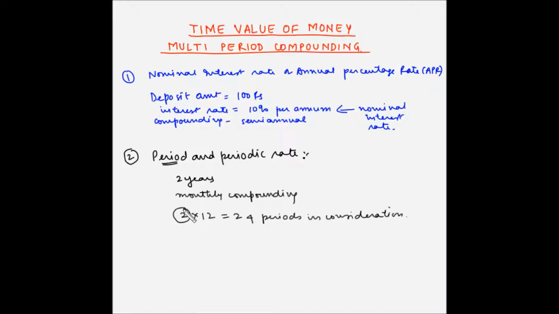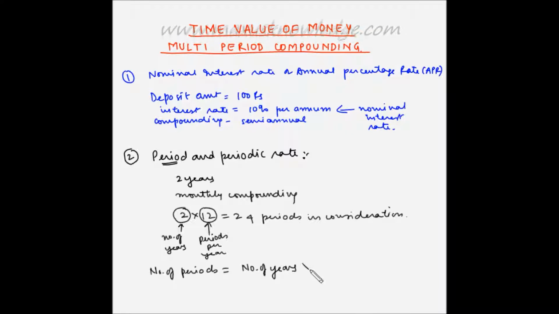So basically this is number of years and this is periods per year. So we can say that number of periods is equal to number of years multiplied by periods per year.